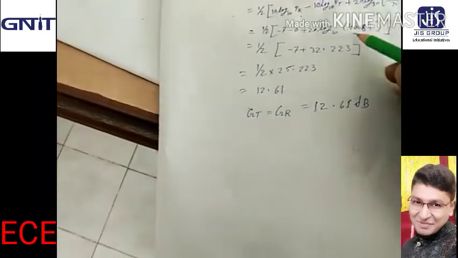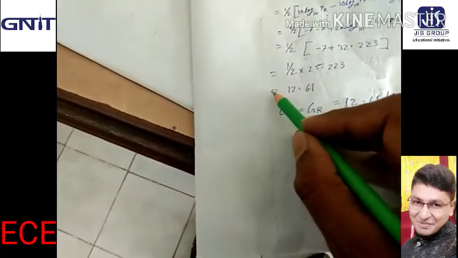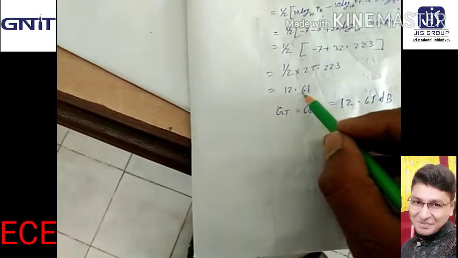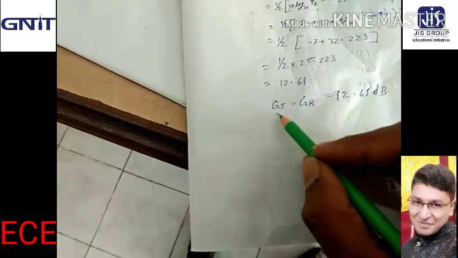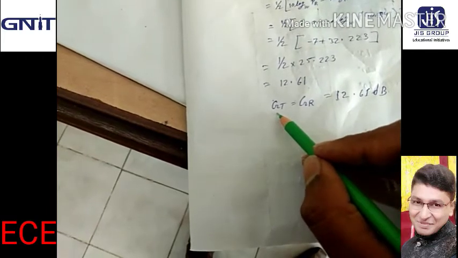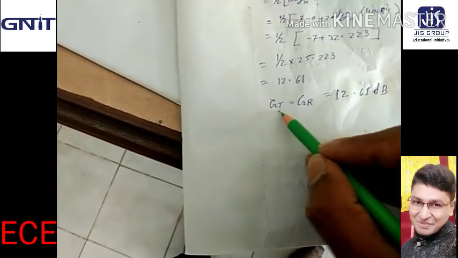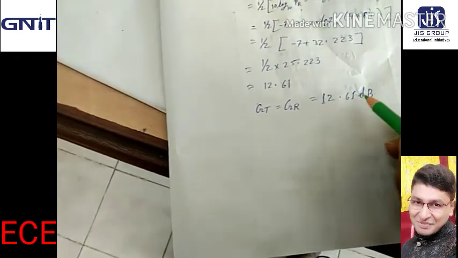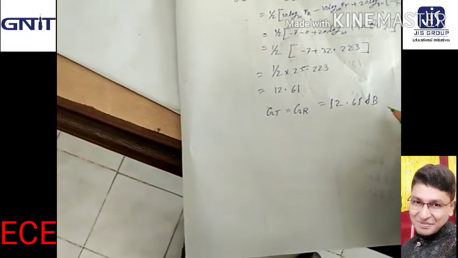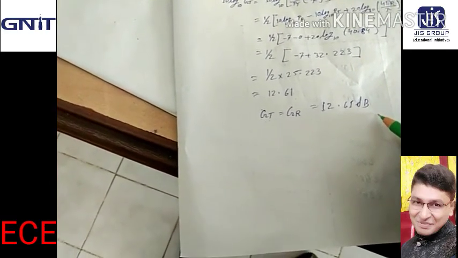Putting these values and solving this equation, we get 12.61. So GT, the transmitting antenna gain, and the receiving antenna gain is equal to 12.61 dB. This is our pyramidal horn antenna gain.